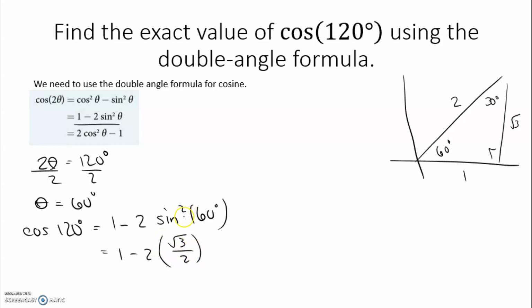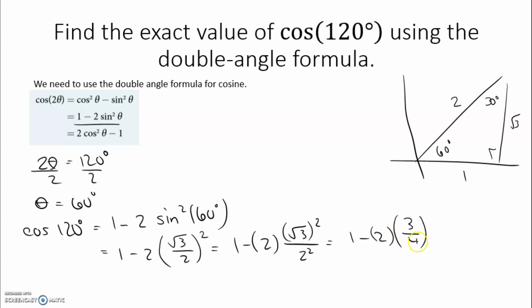But make sure you don't forget this little square right here. Okay, so we got 1 minus 2 times, so the square root is going to get a 2, or squared, and the 2 is also going to be squared. So 1 minus 2 times 3 over 4. I got a 2 in the top and a 4 in the bottom, so I can take a 2 out of both of those. So that's going to be 1 minus 3 over 2. I'm going to convert this 1 to a 2 over 2.